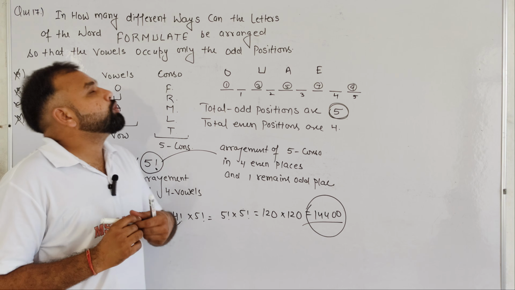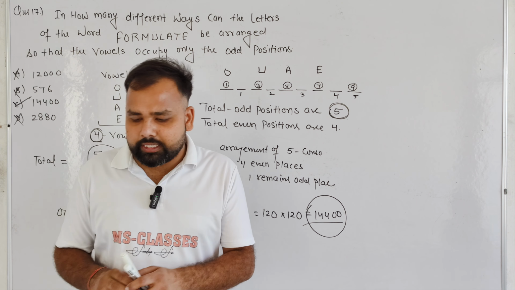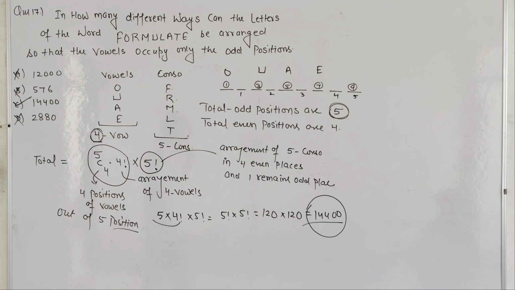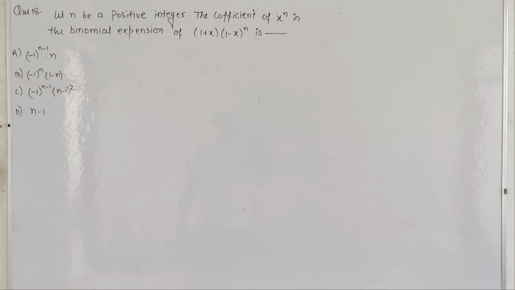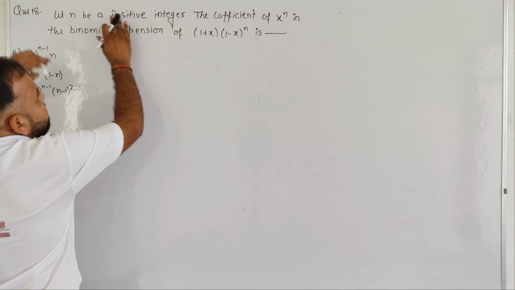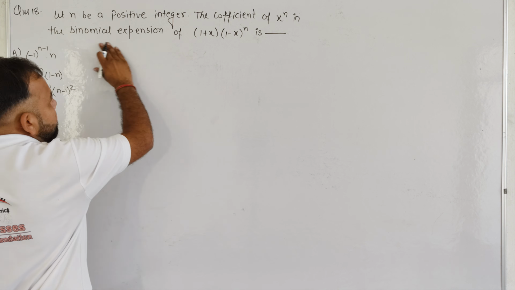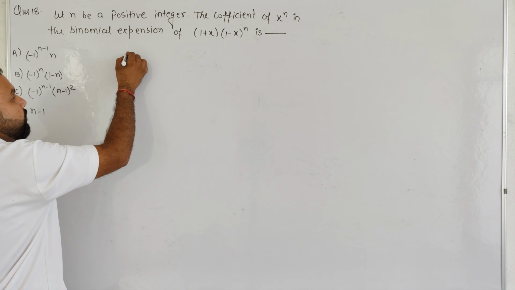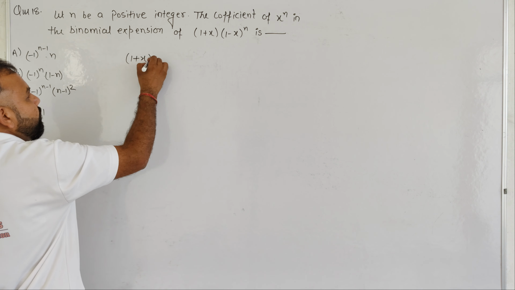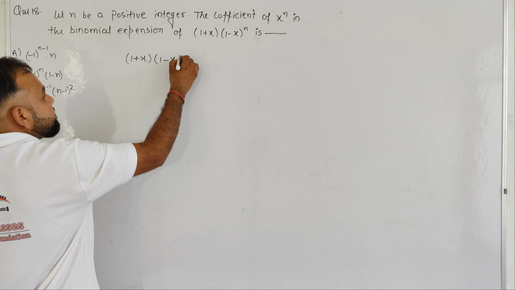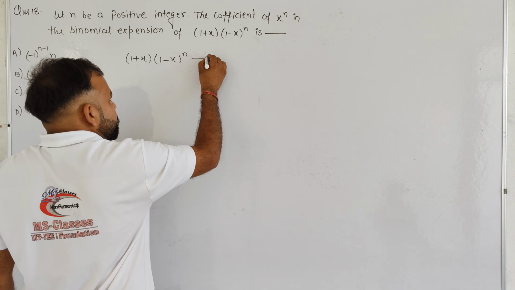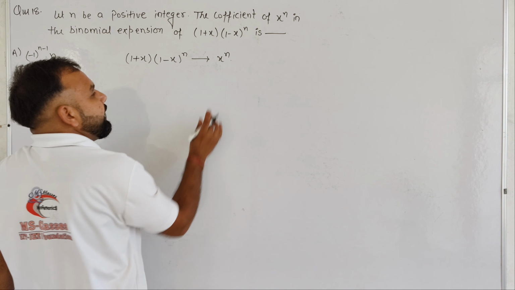Okay, student. So in the same way, our next question is question number 18: let n be a positive integer. The coefficient of x to the power n in the binomial expansion of (1 plus x)(1 minus x) to the power n, in which we want the coefficient of x to the power n.